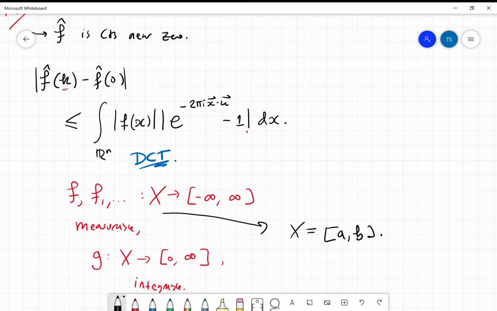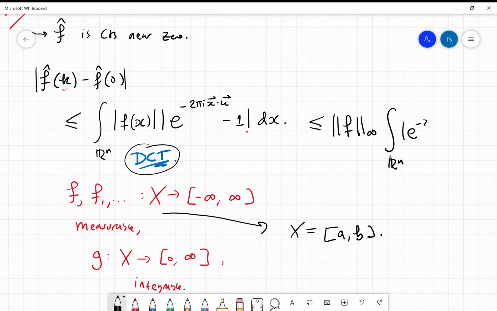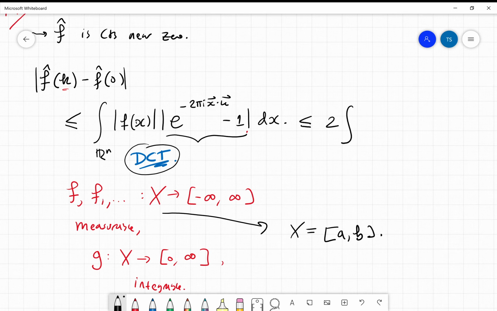So, if you don't think of using the dominated convergence theorem, you might be tempted to first of all try and say, oh, this is bounded above by this, and then I send it to 0, but that doesn't quite work, right? Because f is not necessarily in L infinity, right? It's in L1. F hat turns out to be in L infinity, but not f. And you might try and estimate this from above, but then you lose information. If you just straight up try to estimate it from above, then you get stuck.